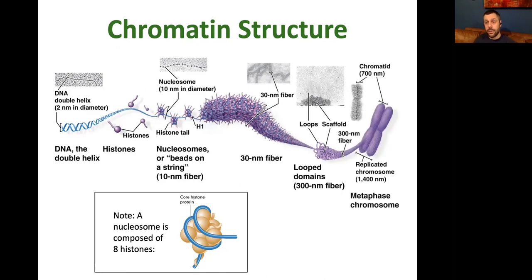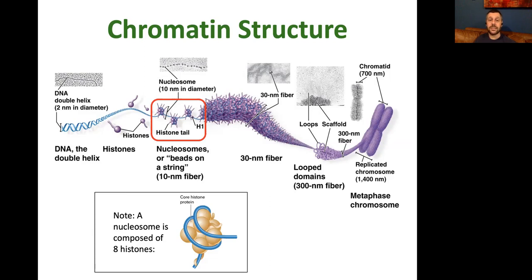And when your DNA is at its most obviously compacted is at metaphase. This shows you a metaphase chromosome, which is what you know and love from Mendelian genetics. So, bottom line, your DNA is wrapped into a structure called chromatin that makes it very hard to transcribe genes. So we need to loosen it up a bit if we want to transcribe a gene.